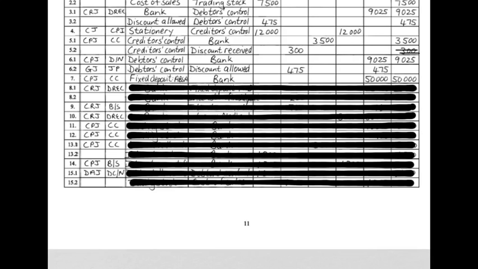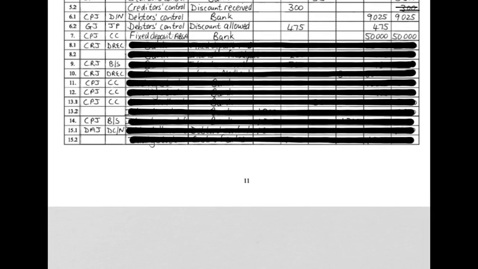So in other words, 2 things are happening. First, the deposit is maturing. So bank is increasing again with the 25,000. And therefore, the fixed deposit at FNB is decreasing with the 25,000. So in other words, this fixed deposit has now closed down. It doesn't exist anymore.